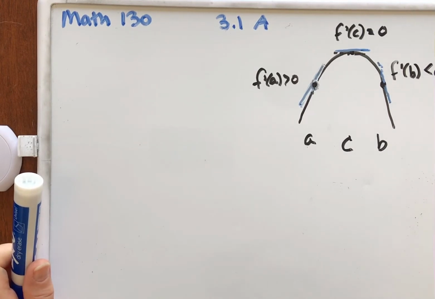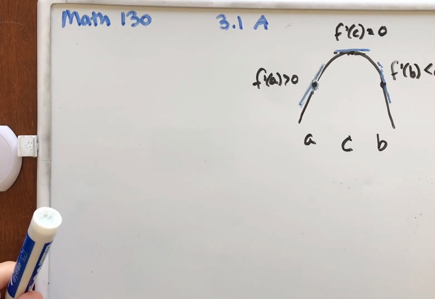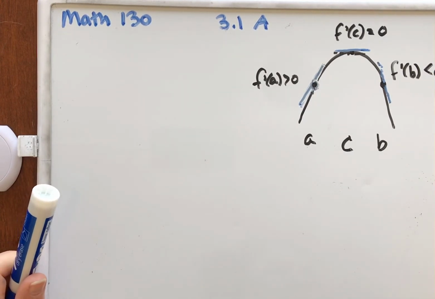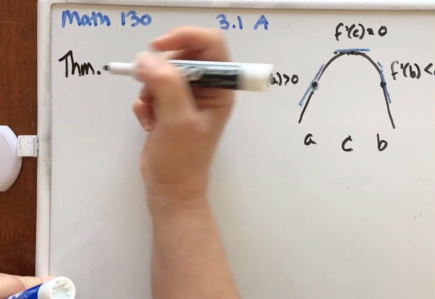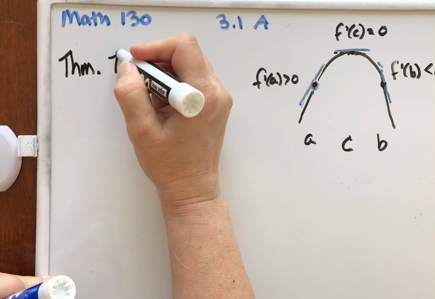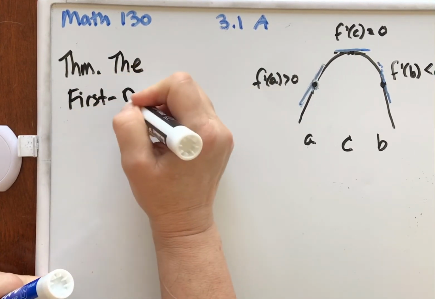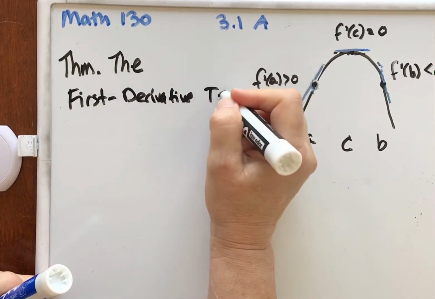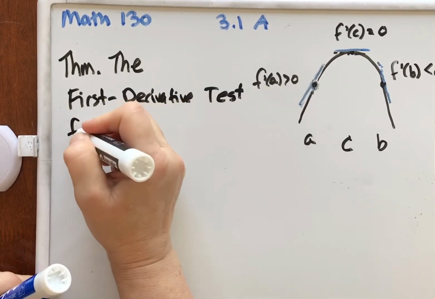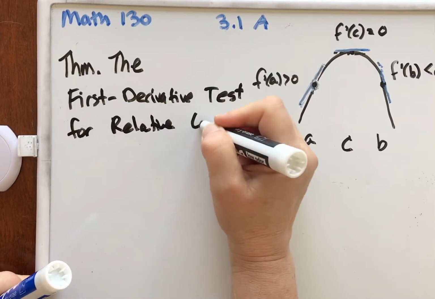Okay? All right. So here's the theorem. It's called the first derivative test for relative extrema theorem. And we call it the first derivative test for relative extrema.